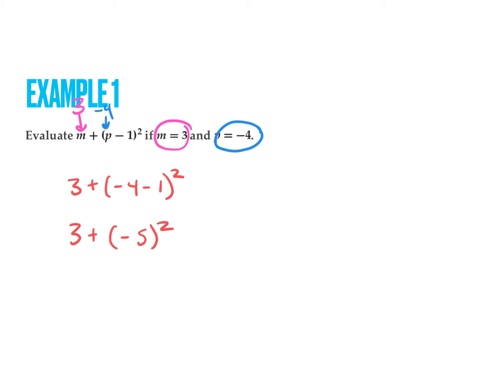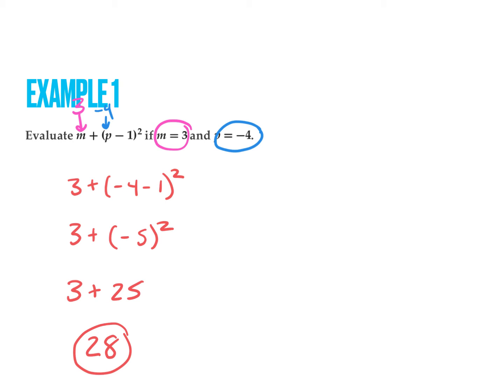What's negative 5 squared? 25. A positive 25 or negative 25? Positive, because it's negative 5 times negative 5. Negative times a negative would give you a positive. So positive 25. And then the last thing we have is 3 plus 25. What's 3 plus 25? 28. Awesome.